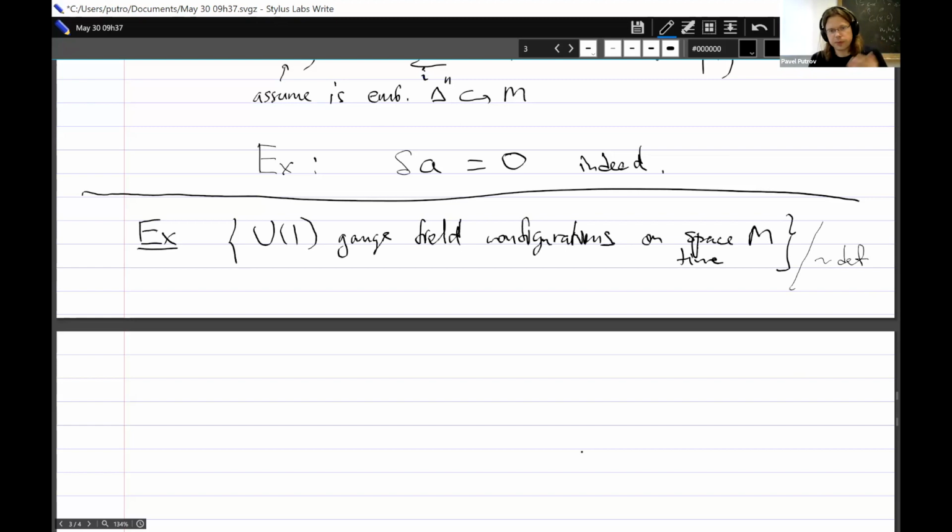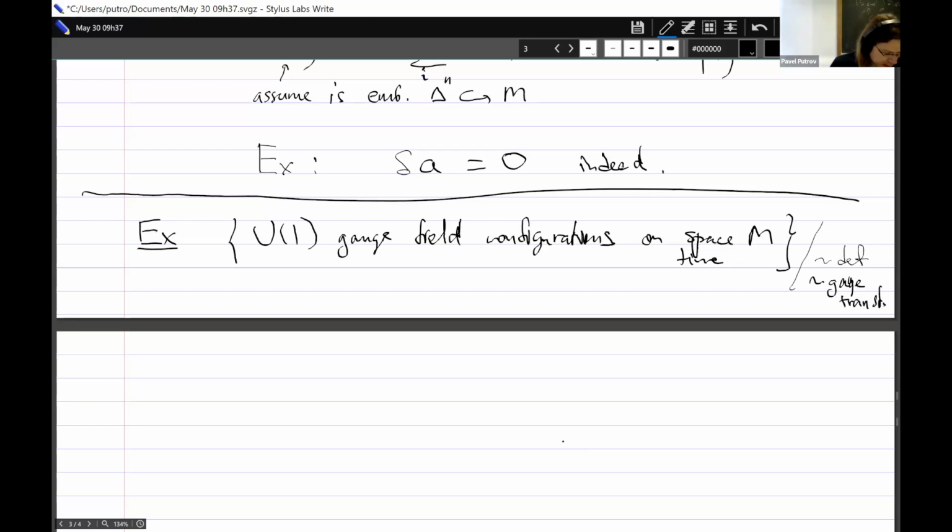This means we have a continuous one-parameter family of gauge fields. If two gauge fields are part of one such family, we declare them equivalent, and we also quotient by gauge transformations, of course.